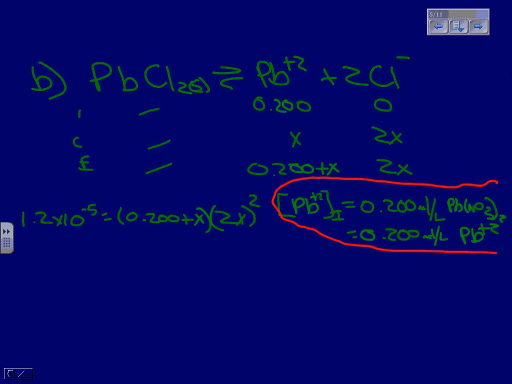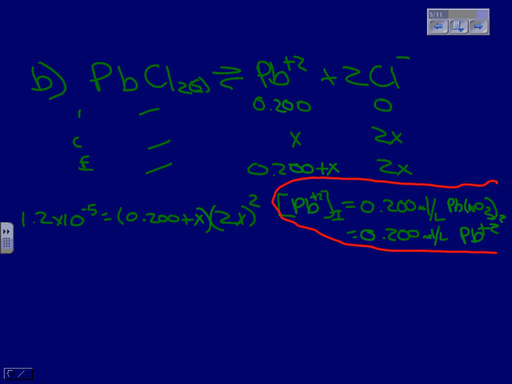This is a little scary because I can't take any square roots on this one or even cubed roots. If I expand this through, I'm going to have an x squared times an x, an x cubed, and I can't solve for x cubed. So I need some way to simplify this.